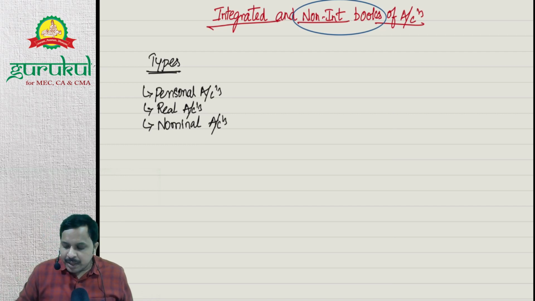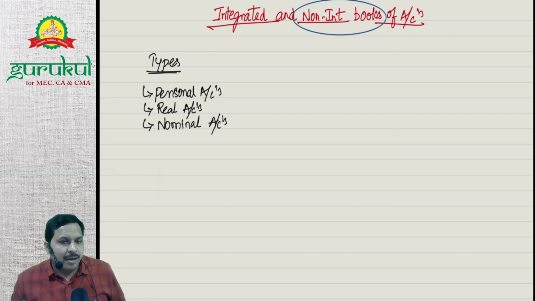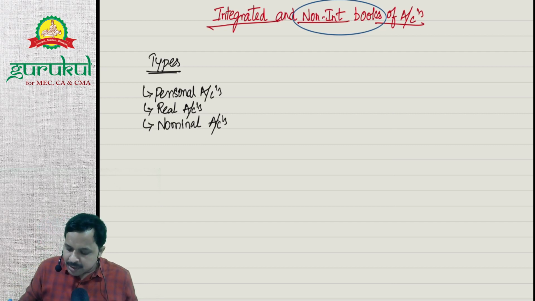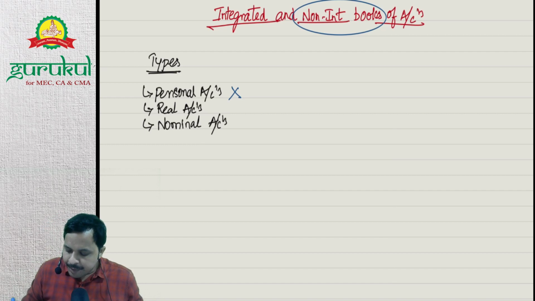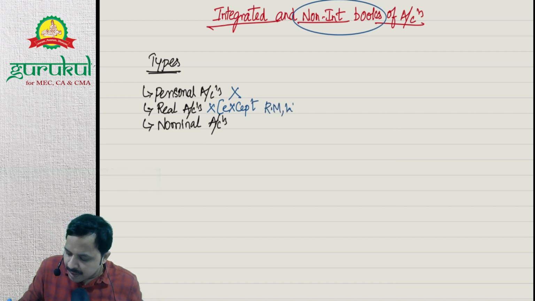When we prepare cost books, we will not open certain accounts. We will not open personal accounts. No personal account is required as per cost accounting. We will not open real accounts, with the exception of raw materials, work in progress, and finished goods.